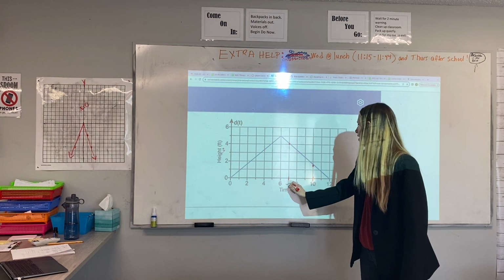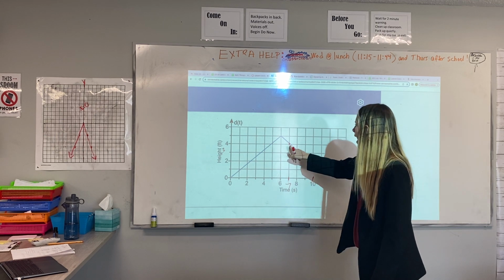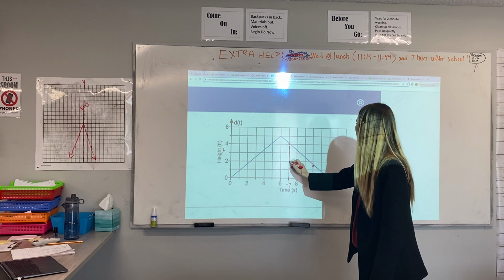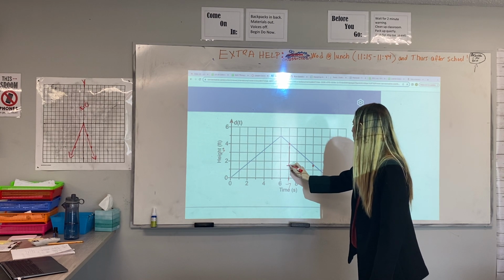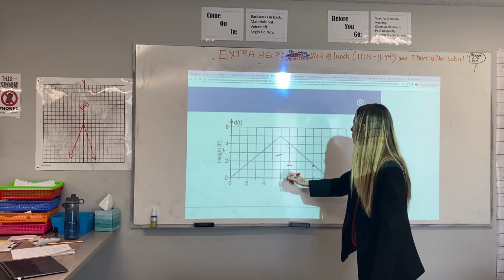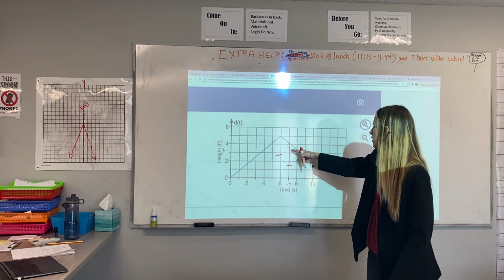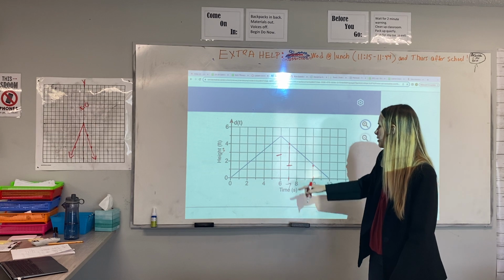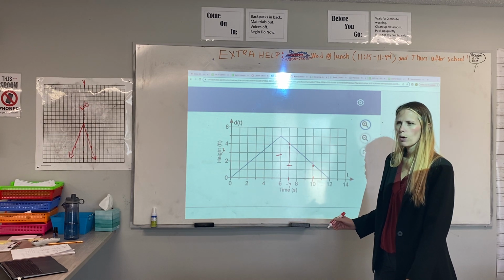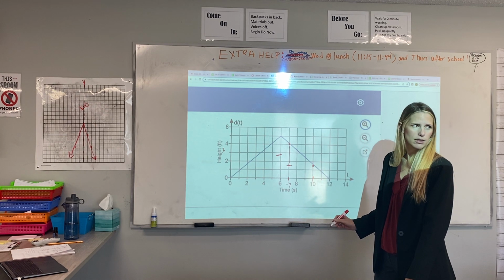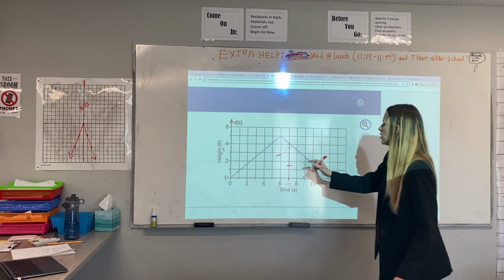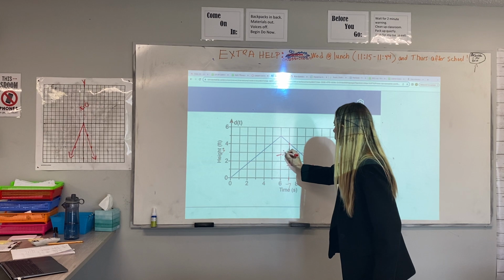Okay, so from 7 to 10, what is our rise? Which is going down, right, to this halfway point. So it's going down, what? From 4 to 1.5. What would that be? Yeah, 2.5. So it's going down, or negative 2.5.